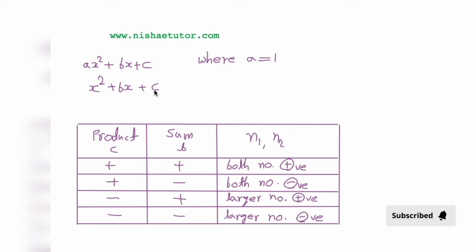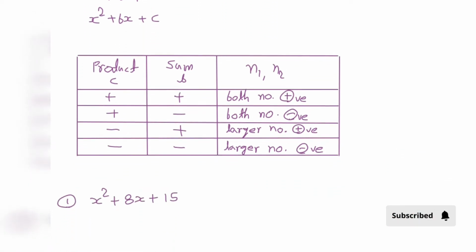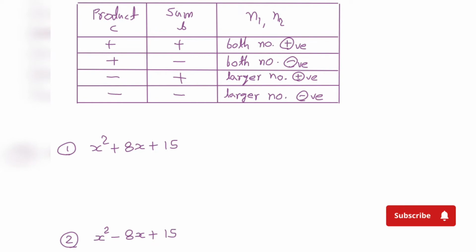If product is positive and sum is negative, meaning the B value is negative, both numbers are negative. If product is negative and sum is positive, the larger number is positive. If product is negative and sum is also negative, we have to take the larger number negative. I am explaining how this table is useful.